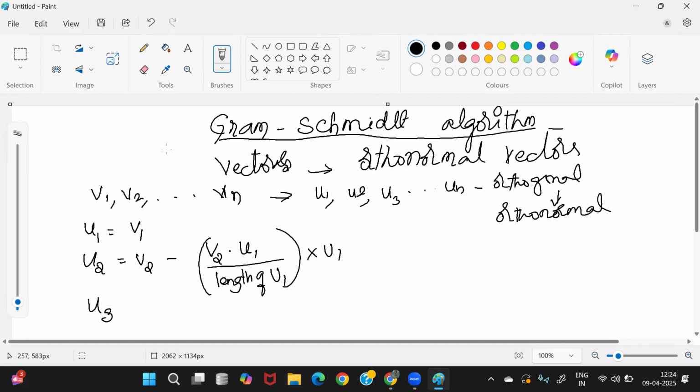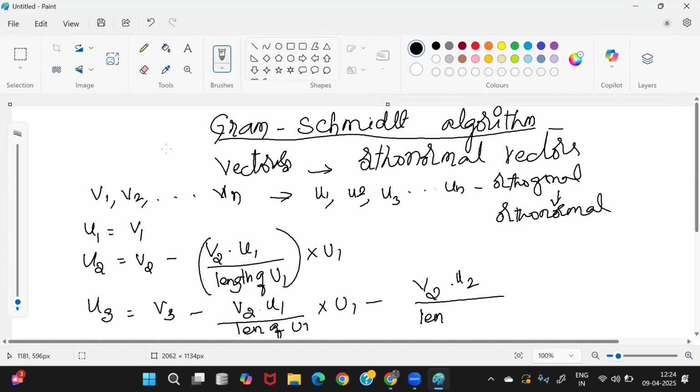Now u3 is equal to v3 minus v3 dot u1 by length of u1 times u1, minus v3 dot product u2 divided by length of u2 multiplied by vector u2.